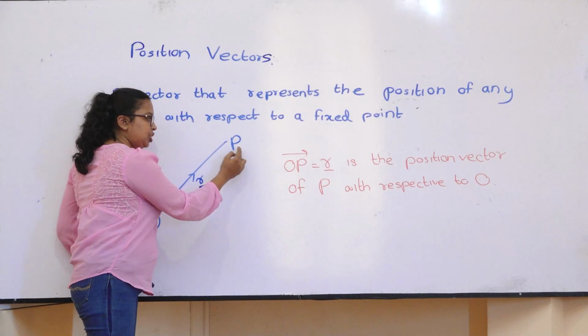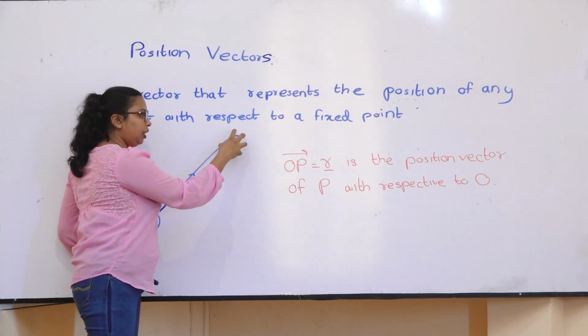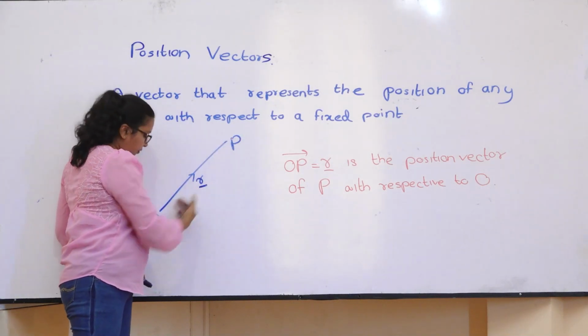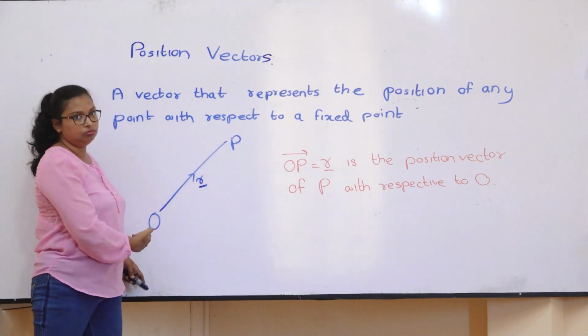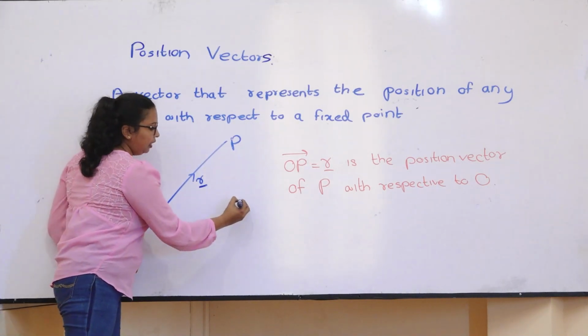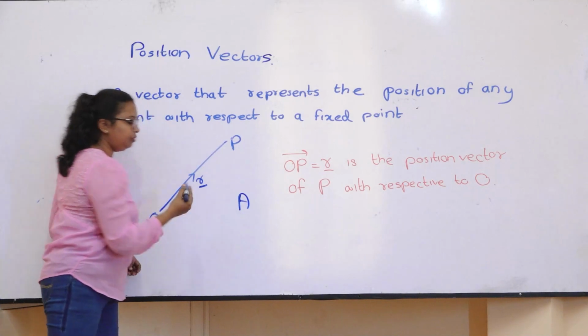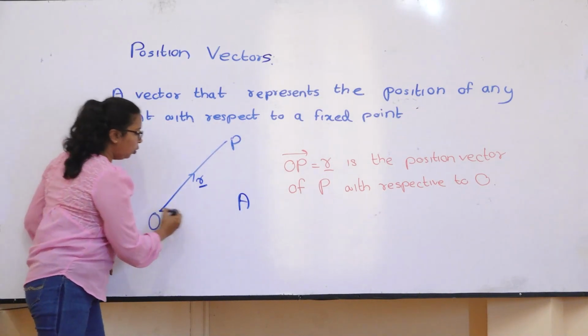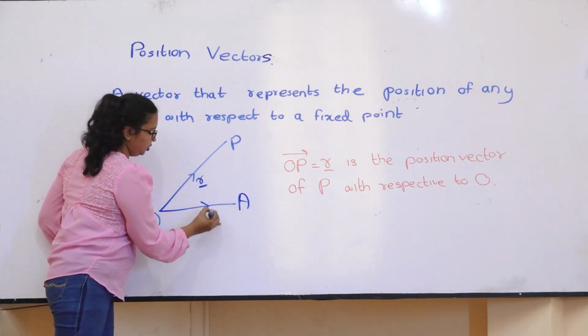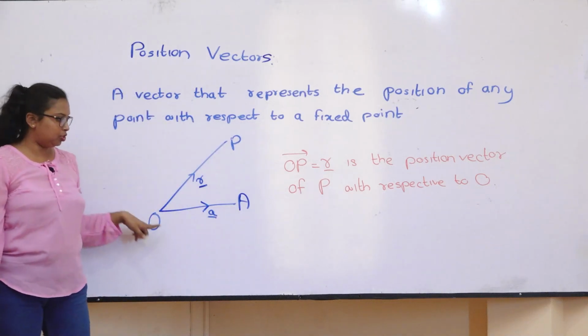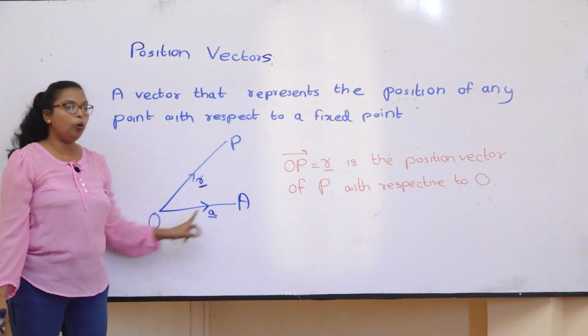So, the position vector of point P, we are getting with respect to this fixed point O. For another example, if I have A here, the position vector of point A will be OA. I will represent it using simple A. Position vector of point A is OA.